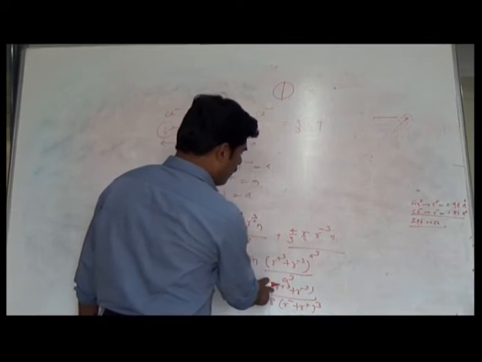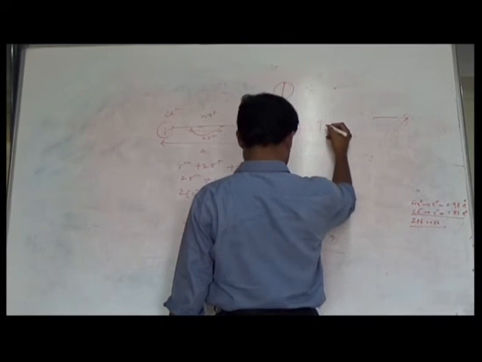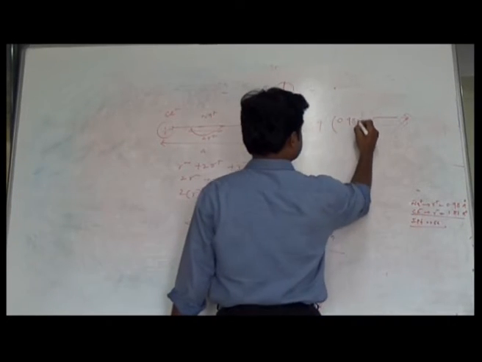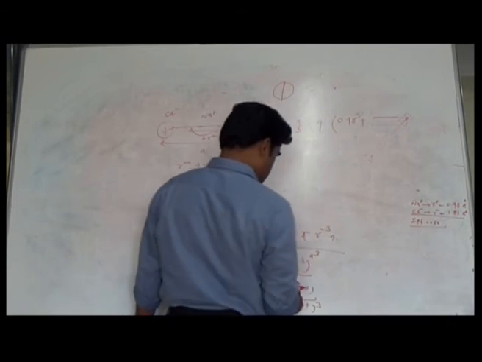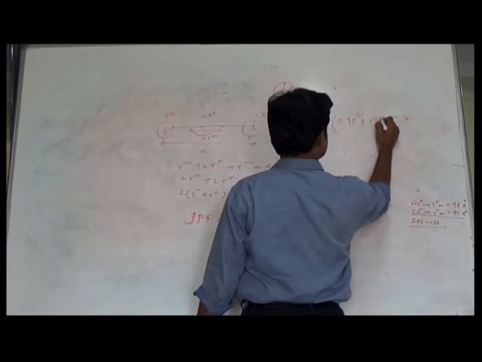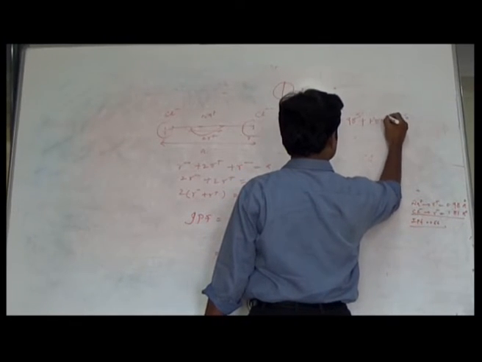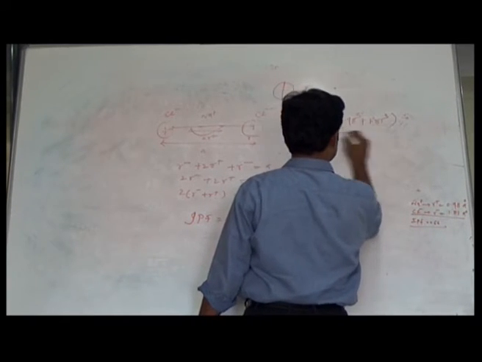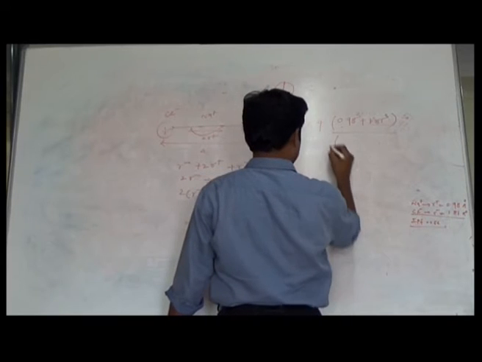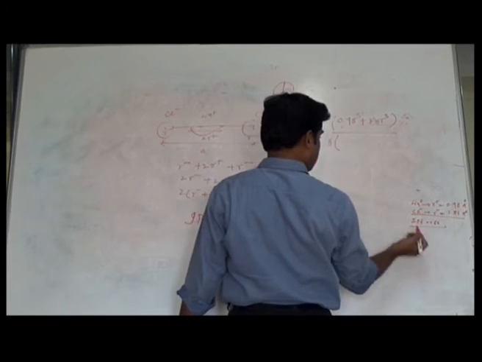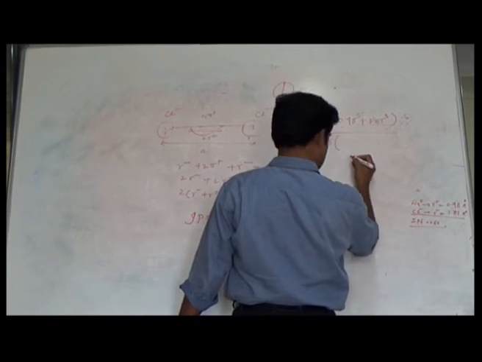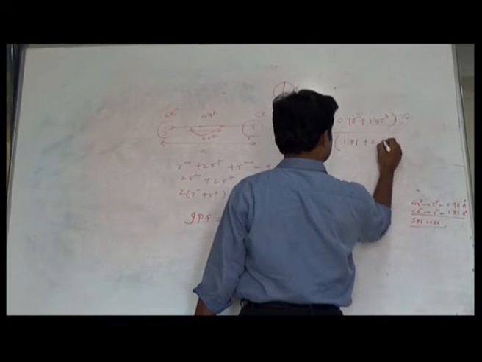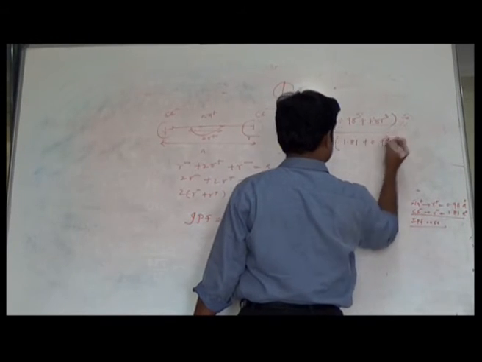Now I will put the value of R plus as 0.98, so this is 0.98 cubed plus this is 1.81 cubed. Now this is divided by 8 times R minus, which is 1.81 plus 0.98, and the cube of this.